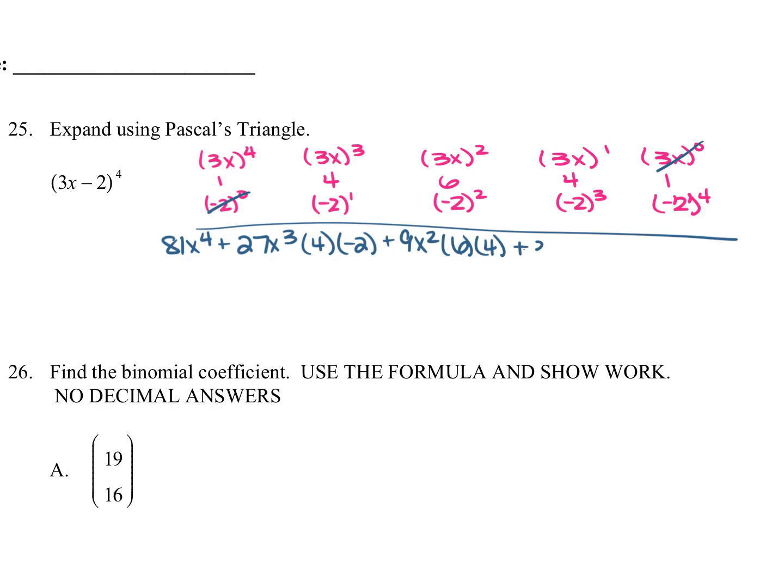Then you have the 3x times 4 times negative 2 to the 3rd power, which is negative 8. Then you just have that negative 2 to the 4th power, which is negative 16. So we're just going to simplify here to get 81x to the 4th minus 216x cubed plus 216x squared minus 96x plus 16.